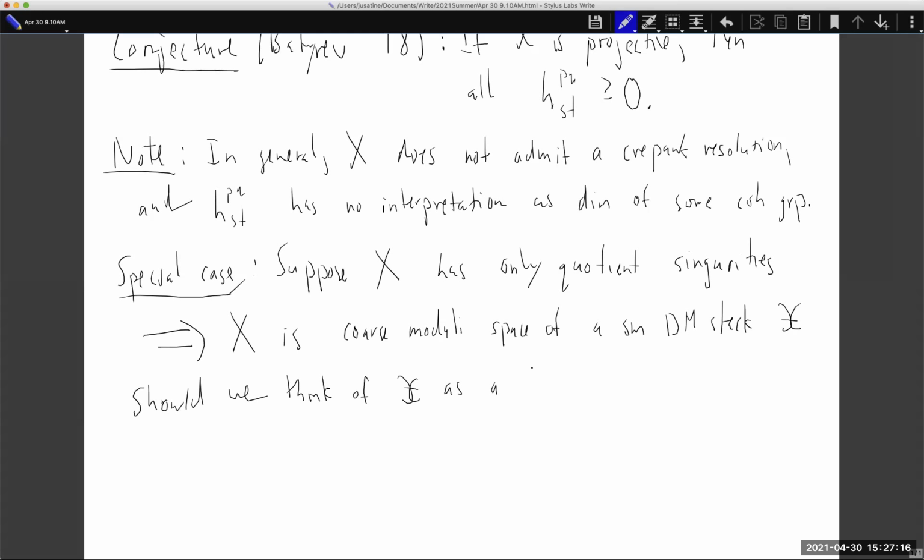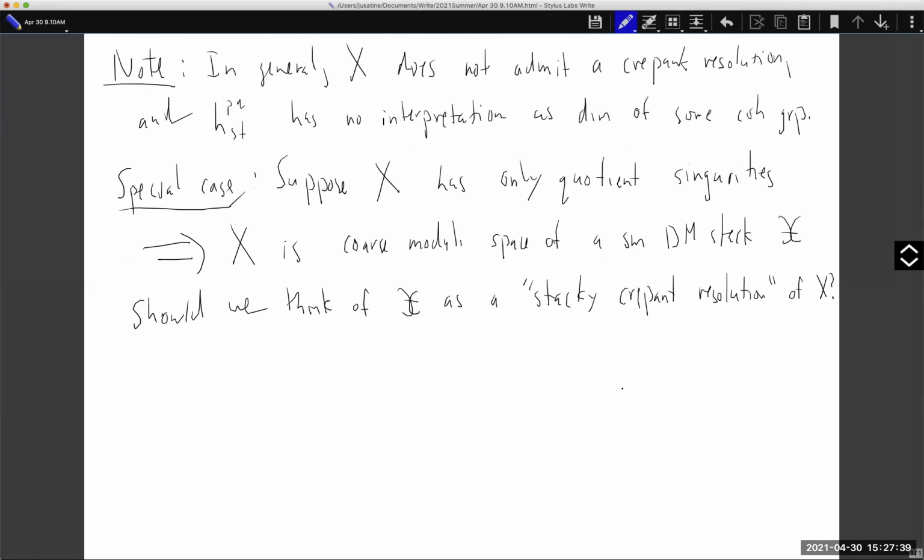In other words, if I allow stacky things to show up when I'm resolving singularities, is it fair to think of this Deligne-Mumford stack as some stacky version of a Crepant resolution of our singular variety X that we started with? And I think the answer to this is yes. There are many ways in which we should think of this as some version of a Crepant resolution of X.